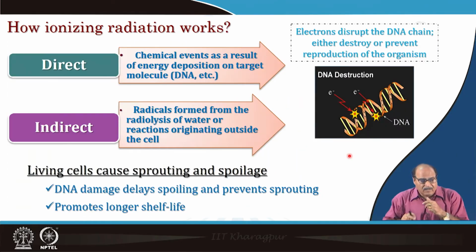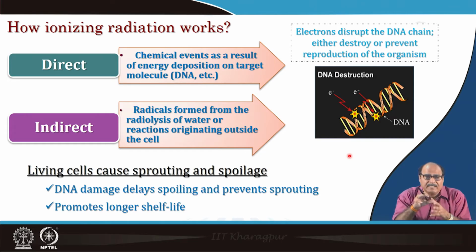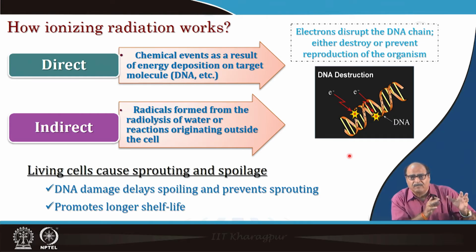Okay. Then let us see how these ionizing radiations work. What is the mechanism of their action against microorganisms, how do they kill? There are two theories that have been put forward. One is the direct action mechanism, the other is the indirect action mechanism. In the direct action mechanism, this is a chemical event as a result of energy deposition on the target molecule.